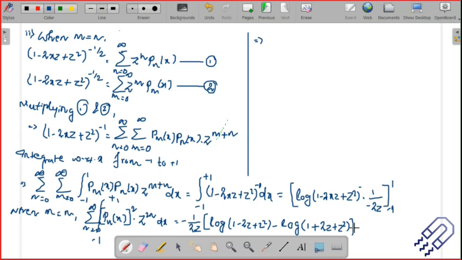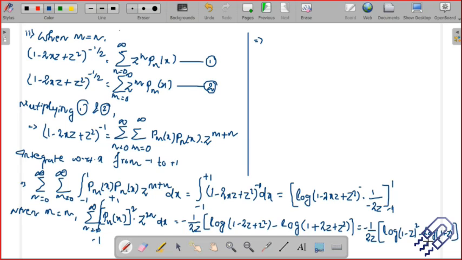This side I can write as 1 divided by 2 times z, and this is 1 minus 2z plus z square, so that means it is 1 minus z whole square, right? So I can just simply write it as log of 1 minus z whole square minus log of 1 plus z whole square.